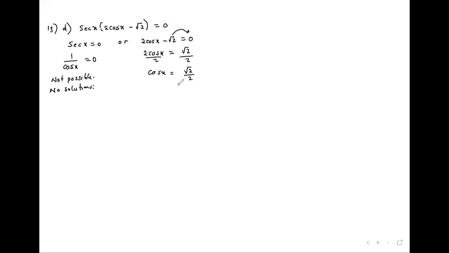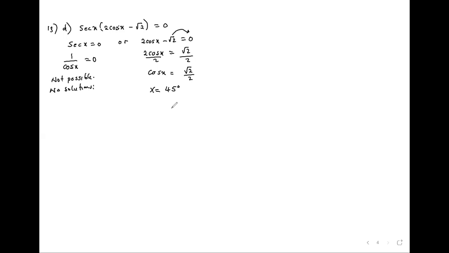Which angle x gives us √2 over 2 for cos? 45. So x is equal to 45. This question is so open that we don't know what the next thing is, so you don't know how many angles you should bring out.